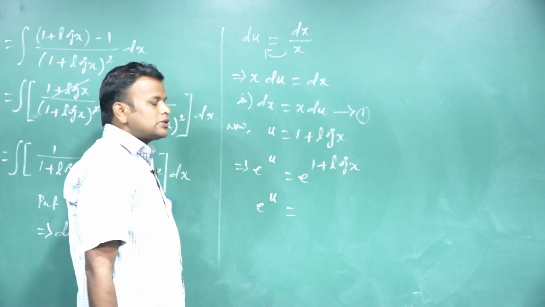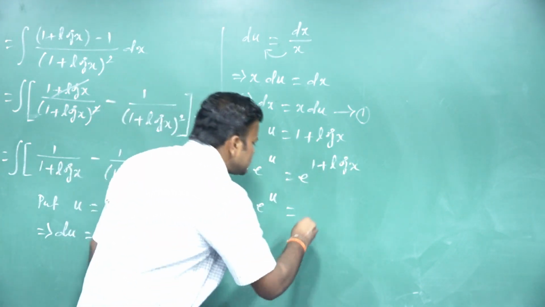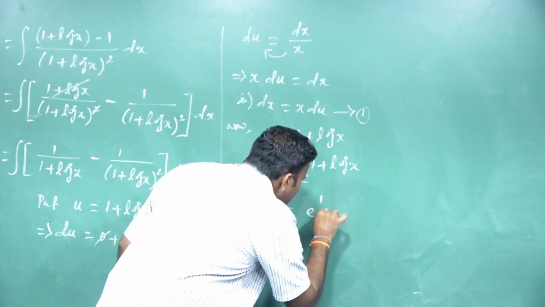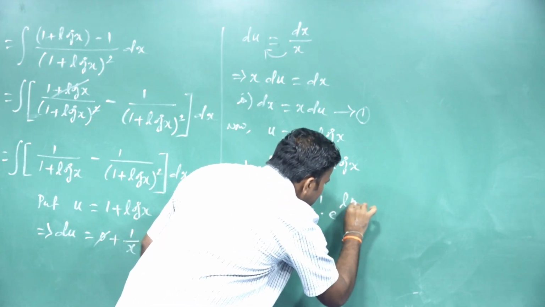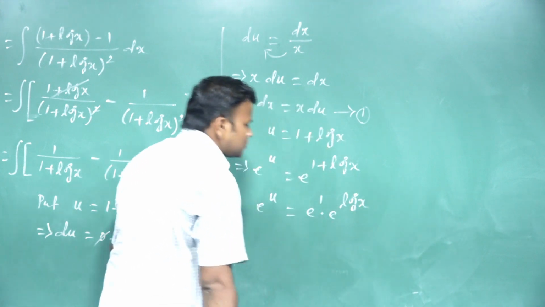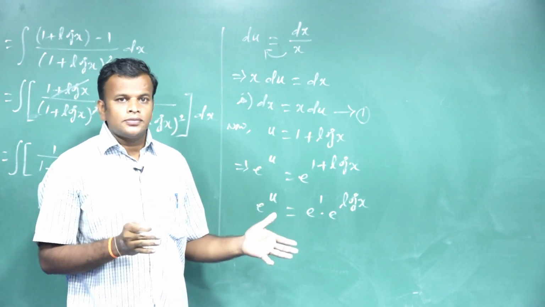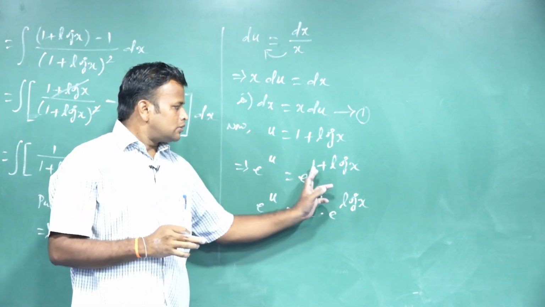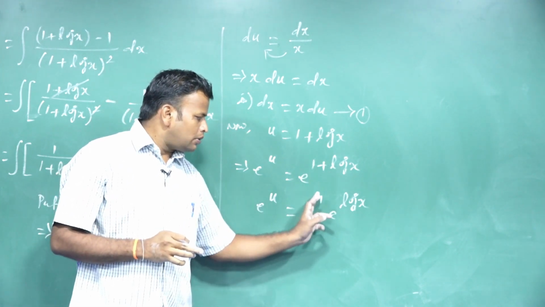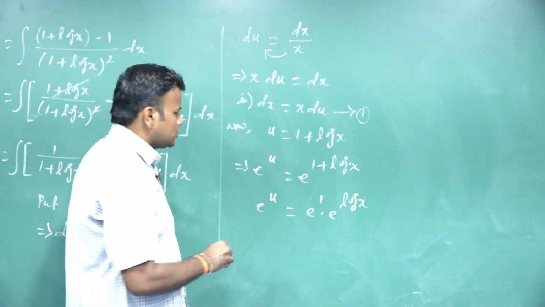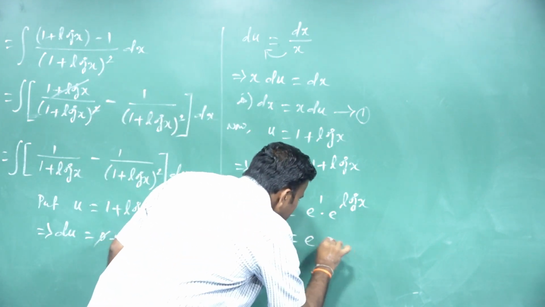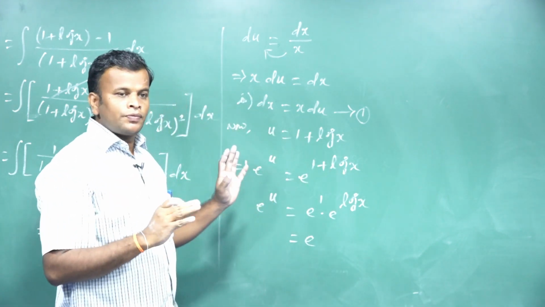E power 1 plus log x is there. So I write it as e power 1 into e power log x. When the base is the same, we add the powers. You know this concept. So I split e power 1 plus log x as e power 1 into e power log x. E power 1 is nothing but e, a constant.